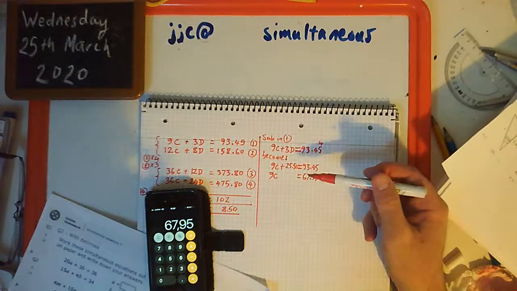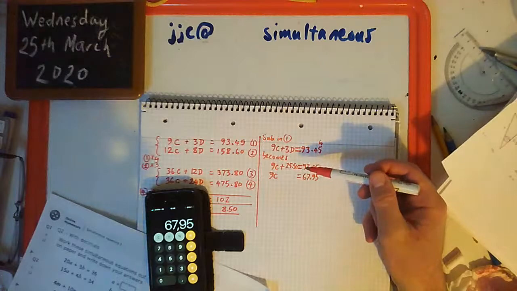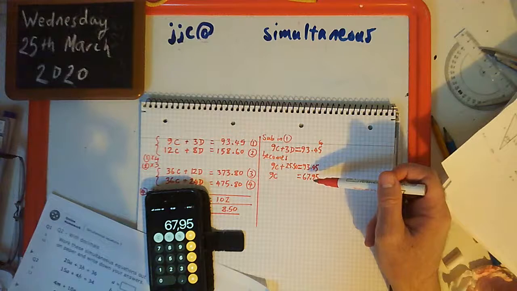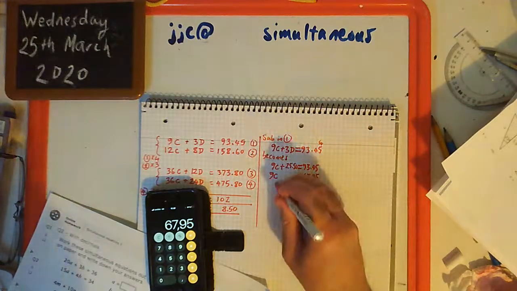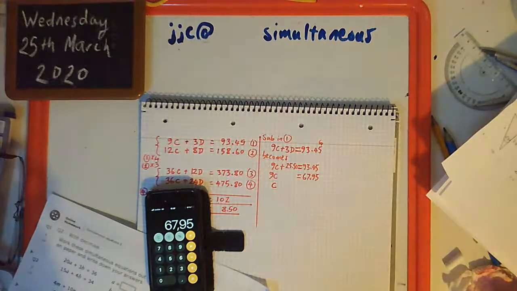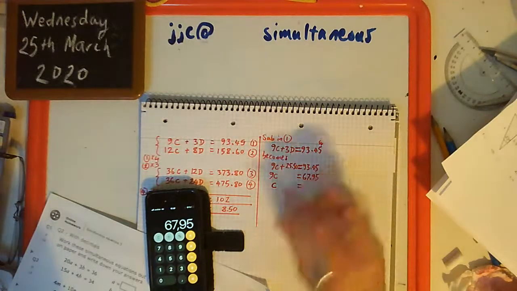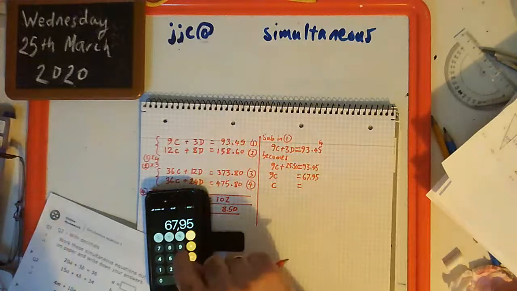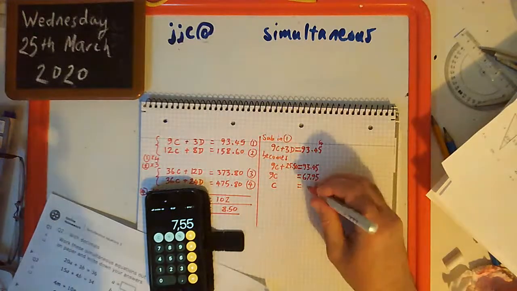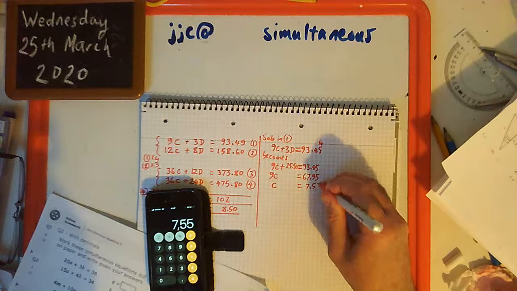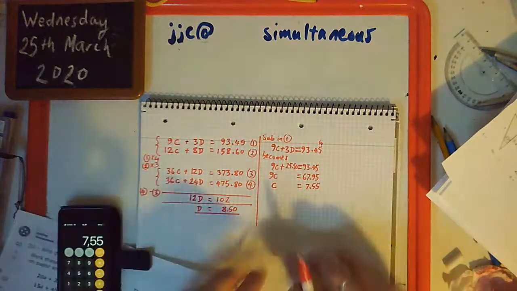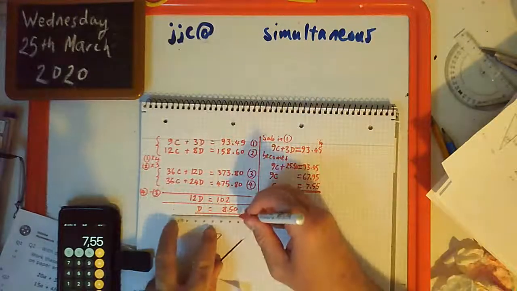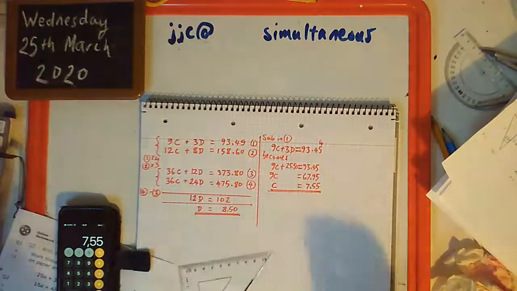So having taken away $25.50 from both sides, 9c equals 67.95. I don't want to know what 9c's are. I want to know what c is on its own. So I'm going to divide everything by 9. But because an equation is like a balance, I've got to do that on the other side as well. 7.55. So that gives me that the cost of a CD is 7.55, and as I saw, the cost of a DVD was 8.50.